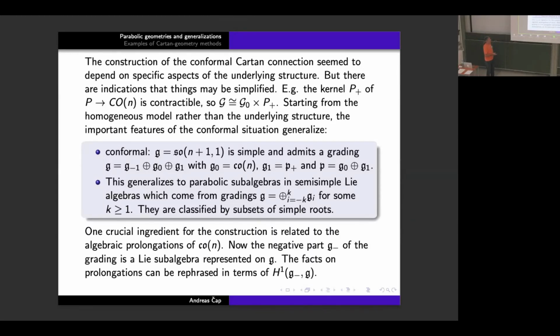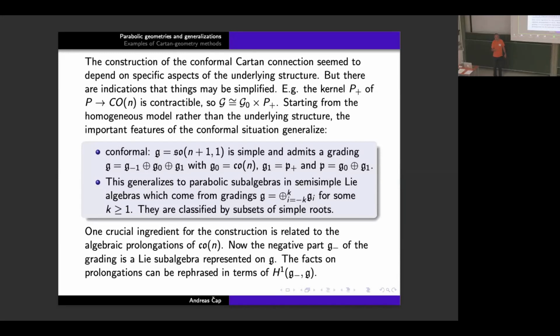Okay, right. So why do the conformal things generalize? If you remember yesterday's talk, the crucial ingredient that went into this story about the conformal Cartan connection was related to the study of the algebraic prolongations of the conformal Lie algebra.